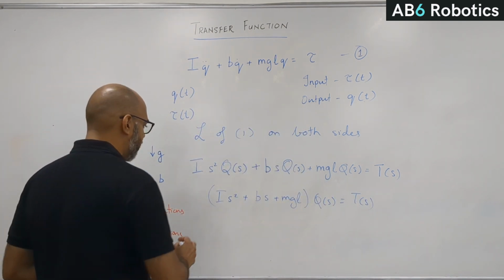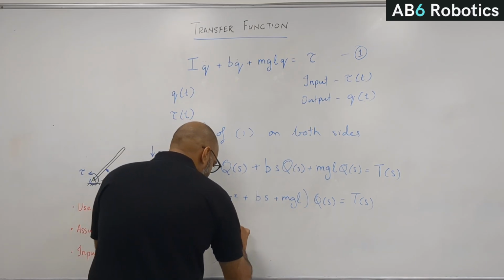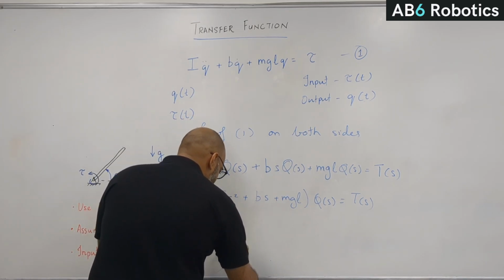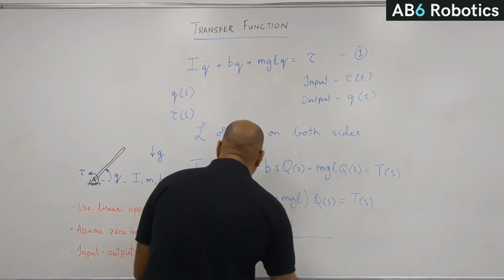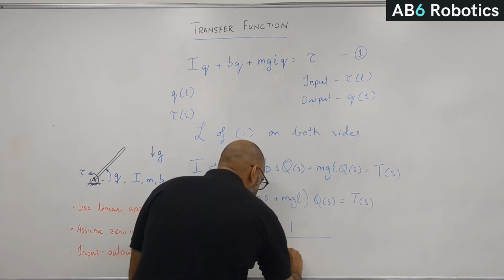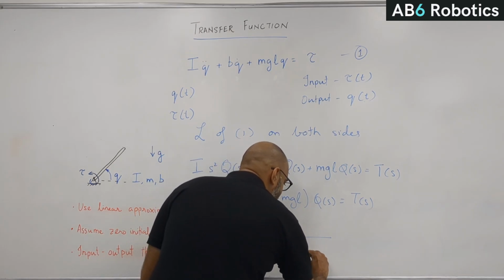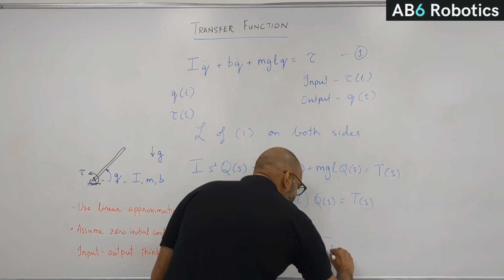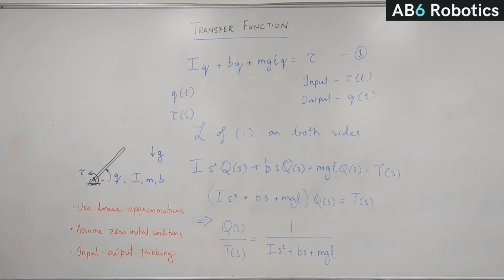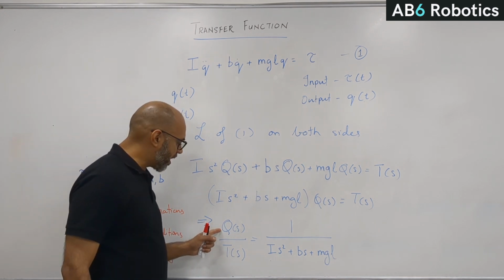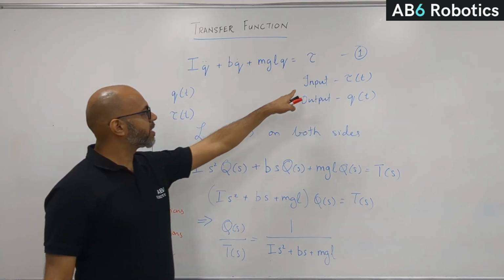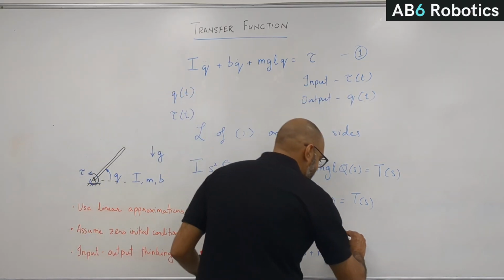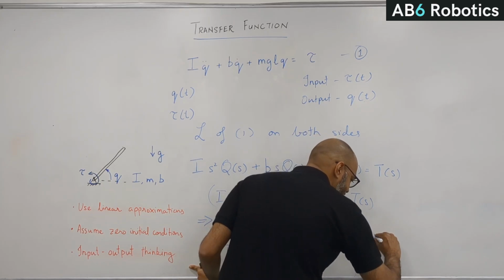And if I move things around, I get Q of s divided by tau of s is equal to 1 over I s squared plus B s plus MGL. This ratio of the Laplace transform of the output variable divided by the Laplace transform of the input variable is really called the transfer function.